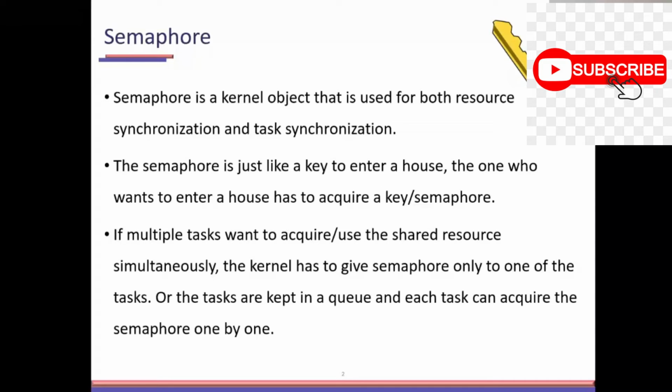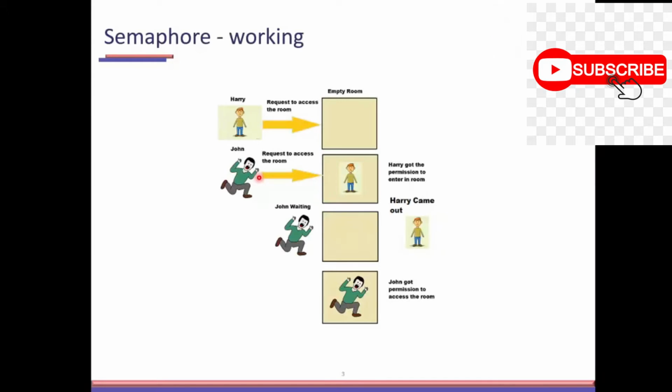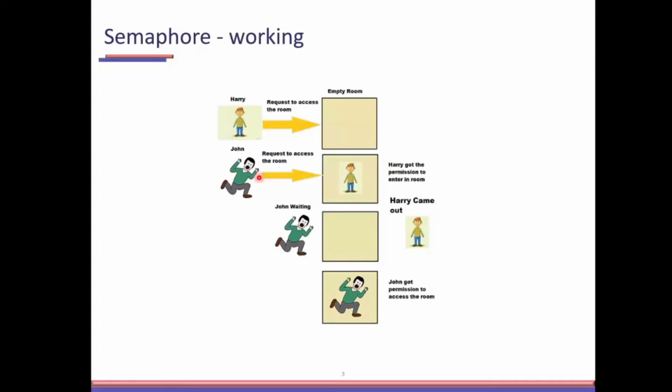In the further slides we'll see through an example how a semaphore is used for synchronization. Just take a simple example. There are two persons, Harry and John, and both of them want to enter a room.